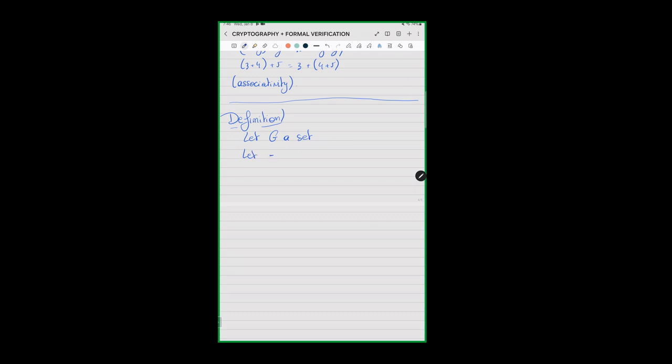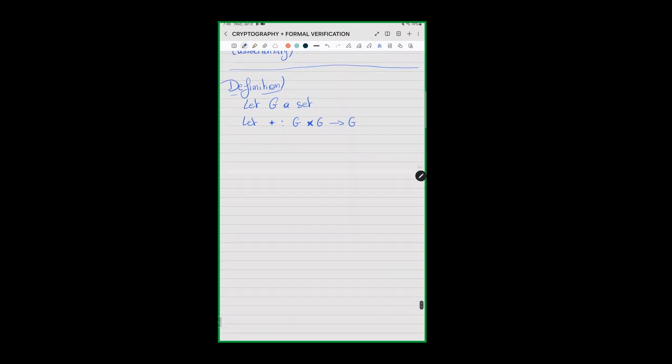So let plus be an internal operation that takes two values in G. We're going to have some properties on a certain relation. I'm going to write an internal operation on G.